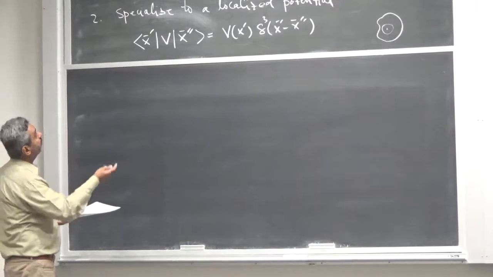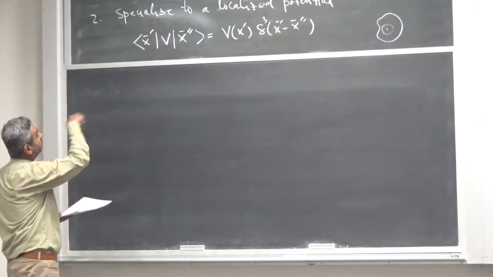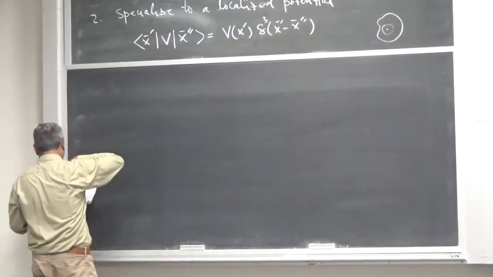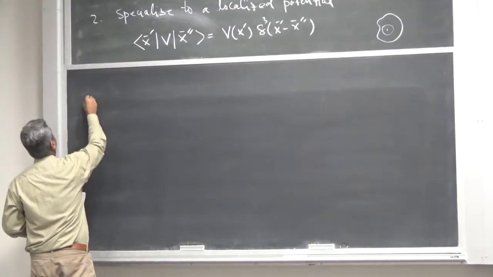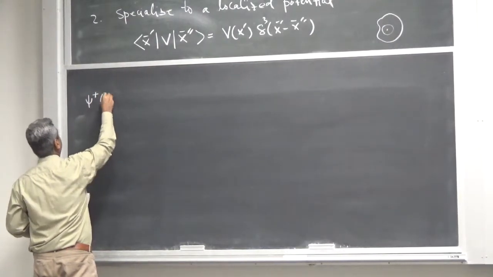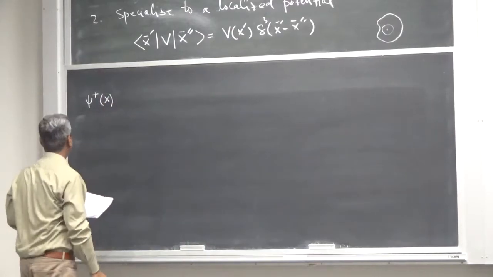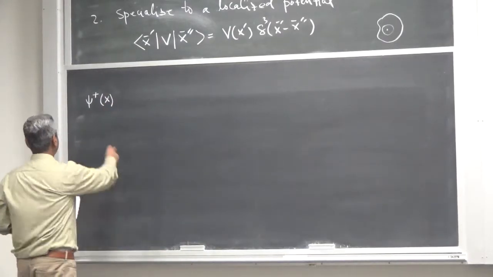So if we have the localized potential, then I can write that equations upstairs. I can write that as psi plus of x, and I'll soon stop putting this plus as well.